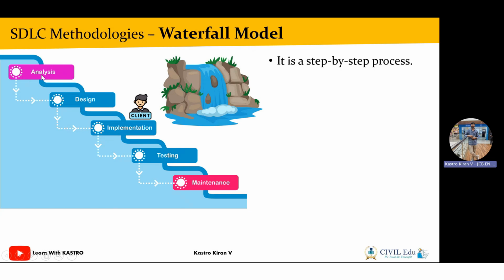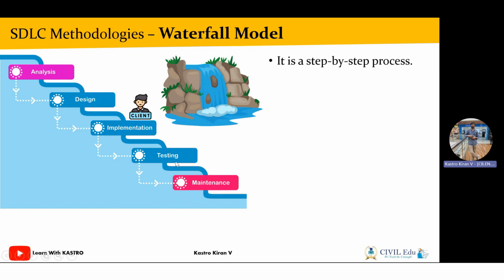Now, in that case, whichever team is following the waterfall model, they have to again go back and do the analysis and gather the requirements. And then they have to move to the design phase, and then the implementation phase, and then the testing phase, and then the maintenance phase. Now, assume it in this way again.